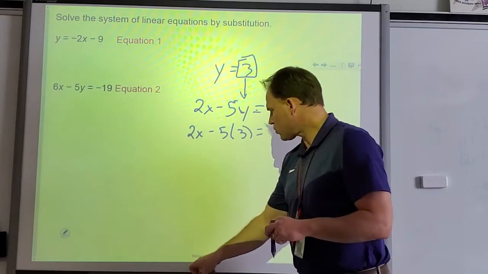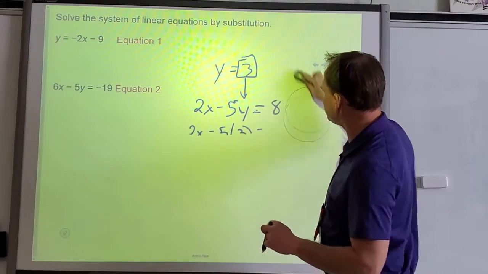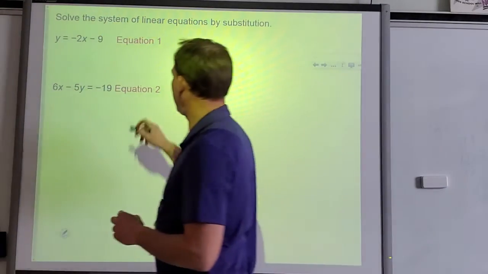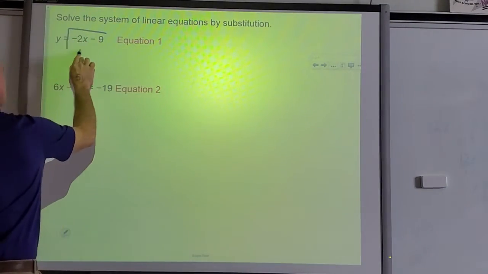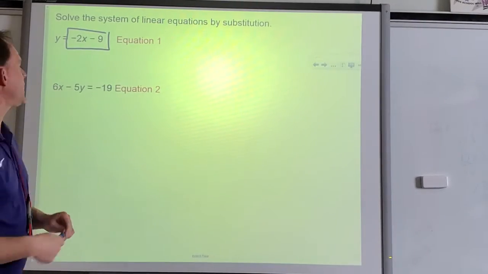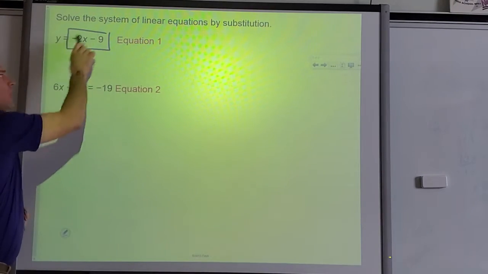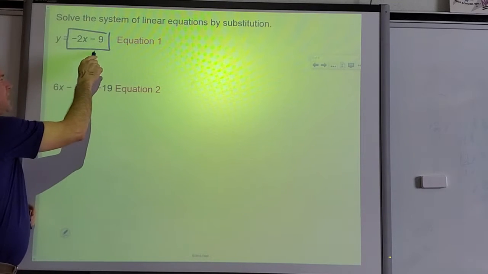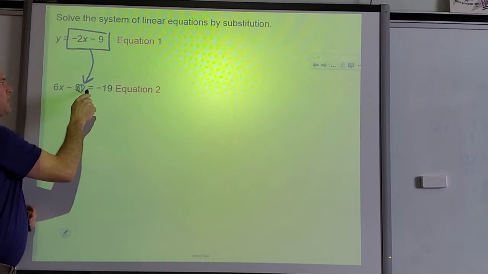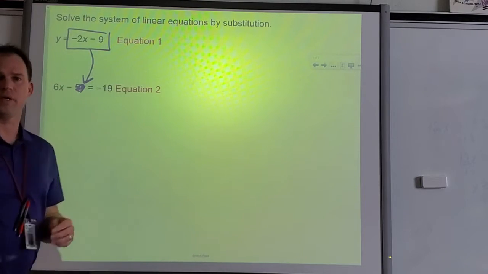Substitution. So what we're going to do is substitution, but instead of one variable that goes in its place, we have an entire expression, all right? So y equals all of this. So I'm going to take this, go to the other equation, and replace this y. That y is coming out.